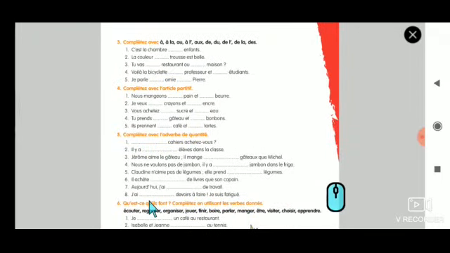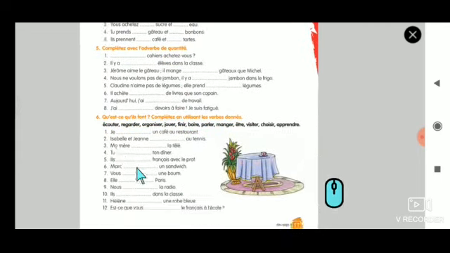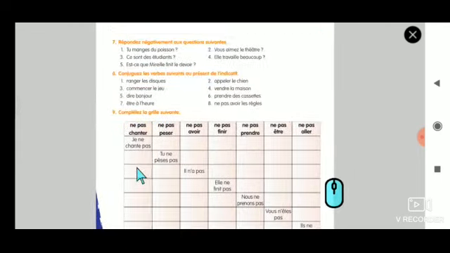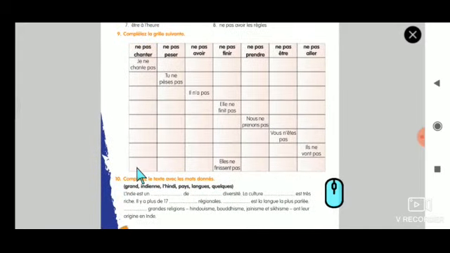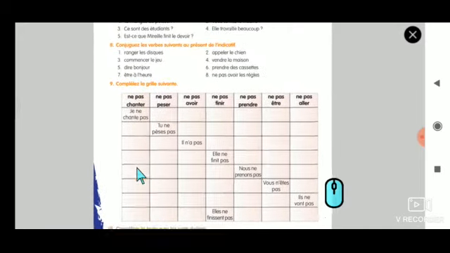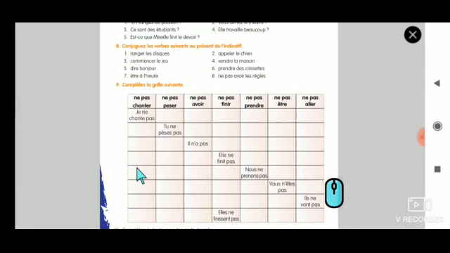So just revise these things. 3, 4, 5 come under conjugation. 7, 8 and 10. 8 and 9 we already saw in the conjugation part. So that's it with lesson 1.